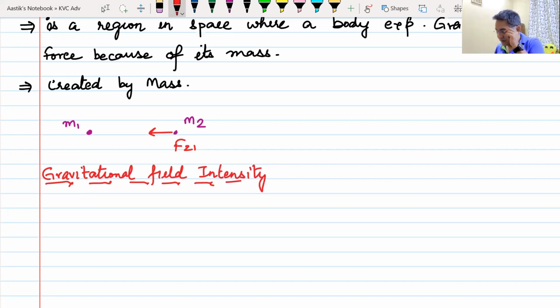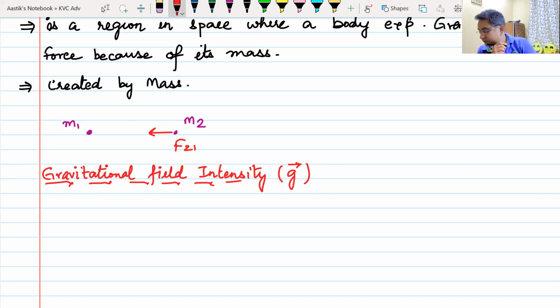Now this gravitational field intensity, or intensity of gravitational field, or the strength of gravitational field, is denoted by, and I am going to denote it by this small letter g vector. Why did I denote it by this g? Does this g remind you of something?